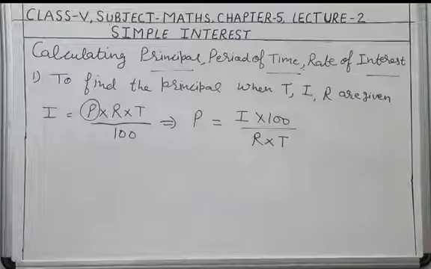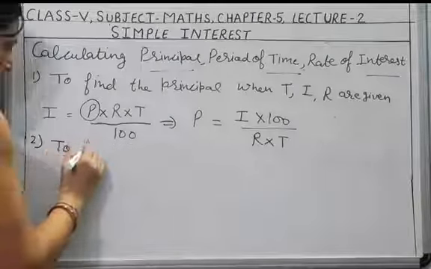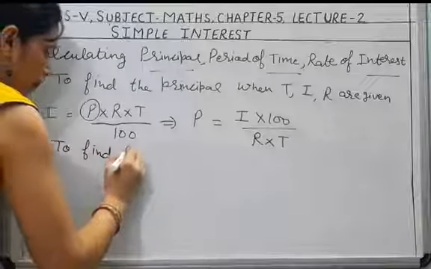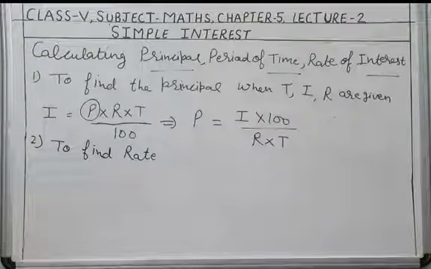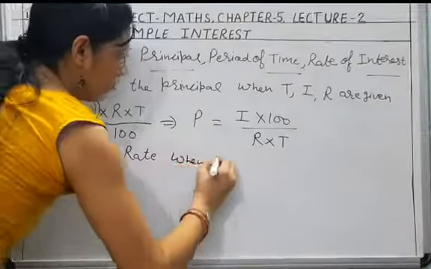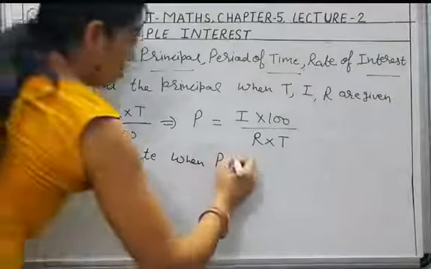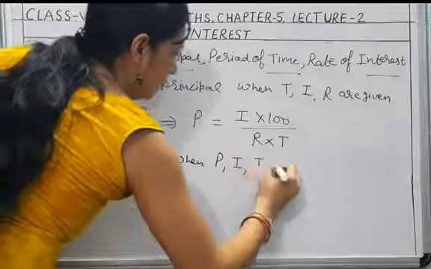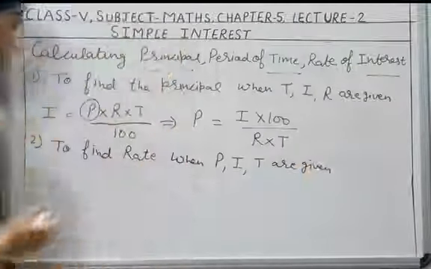Got it? Second case is to find the rate, when principal, interest and time are given. Okay.